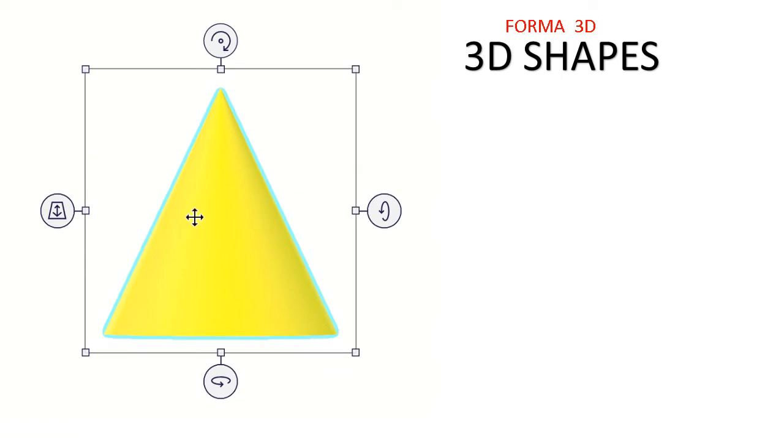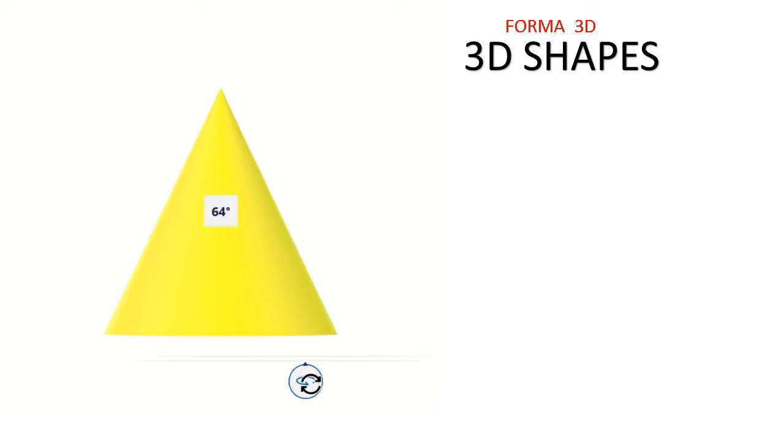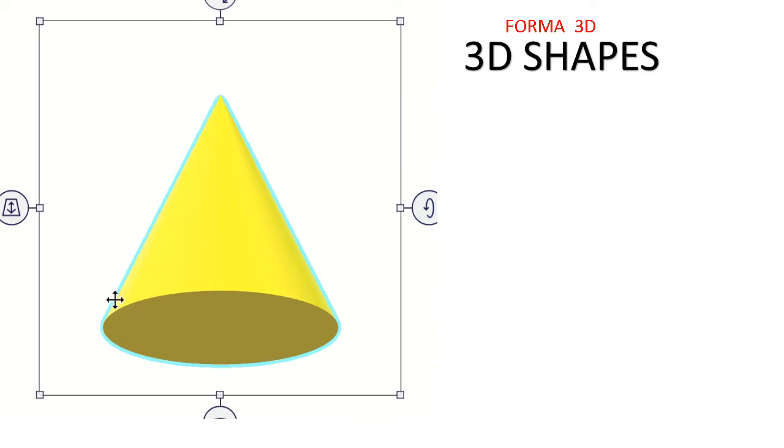Here we have another 3D shape. That means that if I turn it around, I can look at different faces. Here, I'm turning it, but you can only see one face, because this face is not flat, but curved.